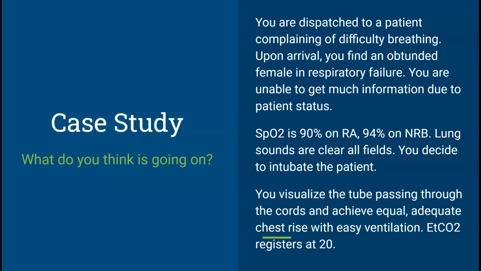If the tube was placed incorrectly. Beautiful. There you go. Are you in the right main stem or left main stem? It says you have good chest rise with easy ventilation. What about a pneumothorax?